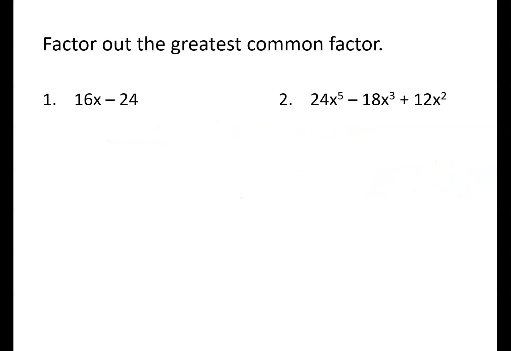So we'll practice with these two examples. Number 1, the coefficients are 16 and negative 24. So we look for the largest number that divides both of those. And you may be able to just do that off the top of your head and get 8.